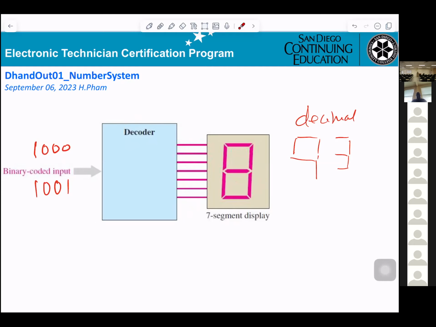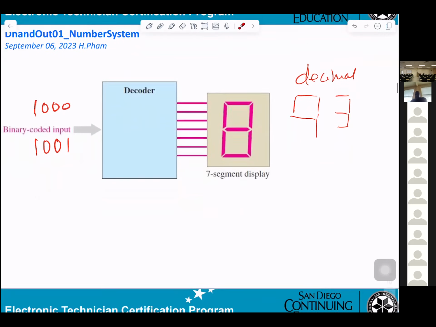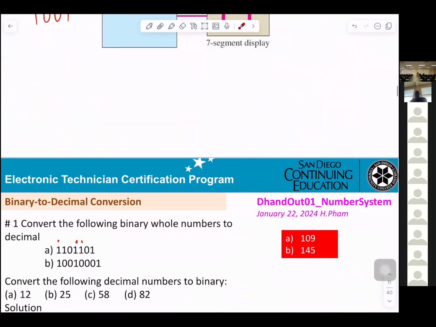For example, the computer sends out number 9, and the segment display shows number 9 or number 3, whatever. On your watch, they have to use that decoder. The segments will be turned on or off, telling you A, B, C, D, a number, whatever.